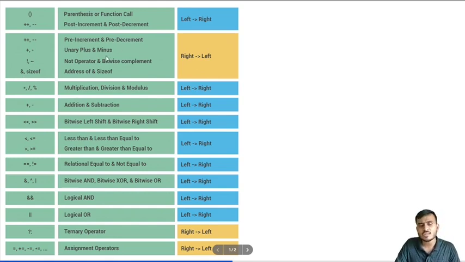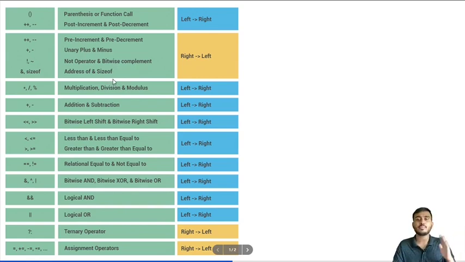You can see all these are unary operators: pre-increment, pre-decrement, unary plus, unary minus, not operator, bitwise complement. All these unary operators have a good amount of precedence.